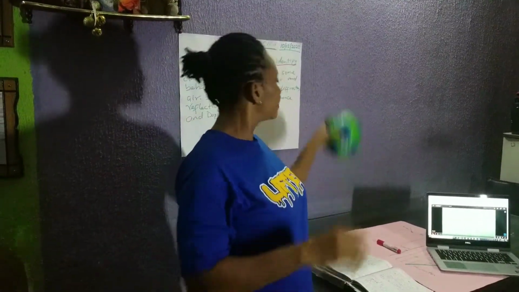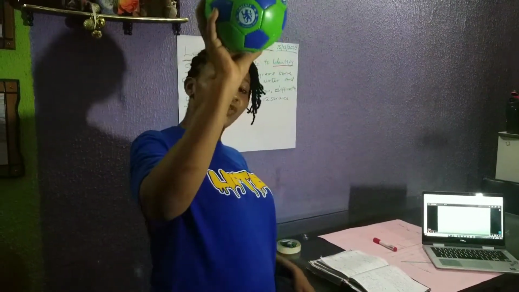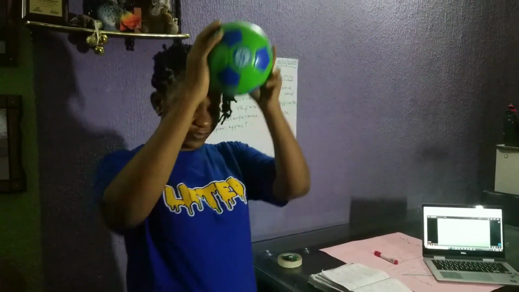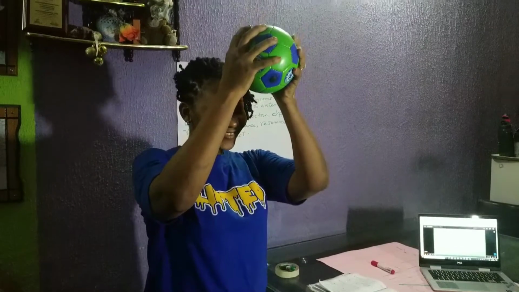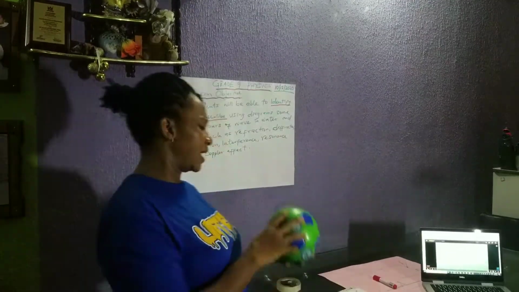So, what is this? It's a ball. If I throw this ball in front of me, hard enough to hit the wall, what do you think will happen? It will bounce back. Okay, so let me try one in front of me. If I hit it like this, it comes back the same direction. There's another thing that behaves that same way.